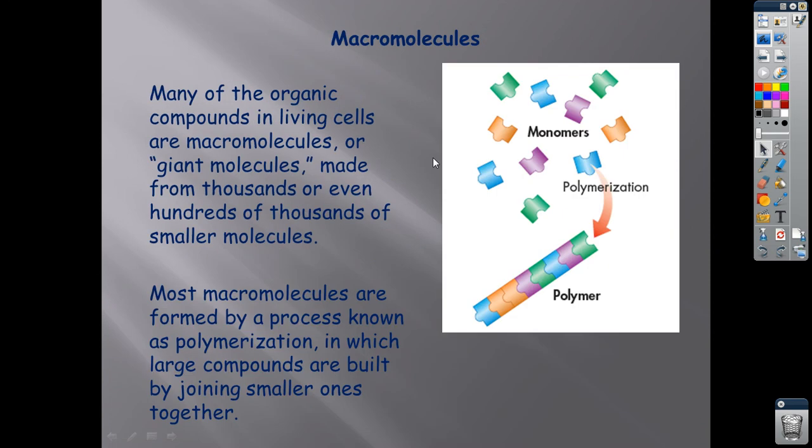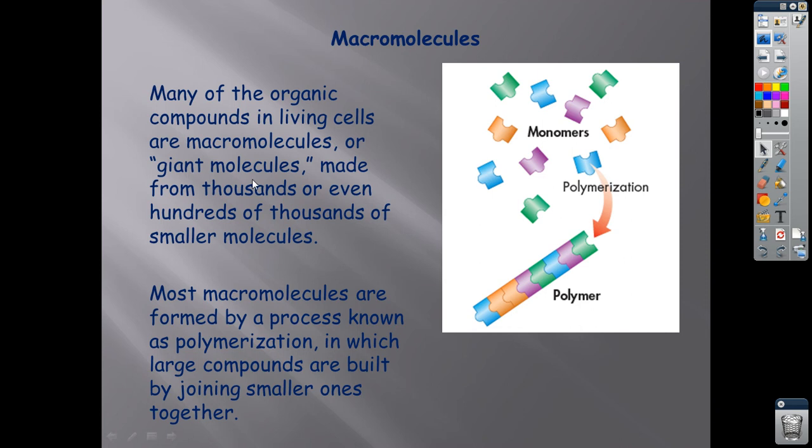Now, what happens when you start repeating these complex structures, whether they have carbon or not, but the majority of them do, obviously. When these molecules start to link and link and link to each other, they form what we call a monomer, which is basically a giant molecule.